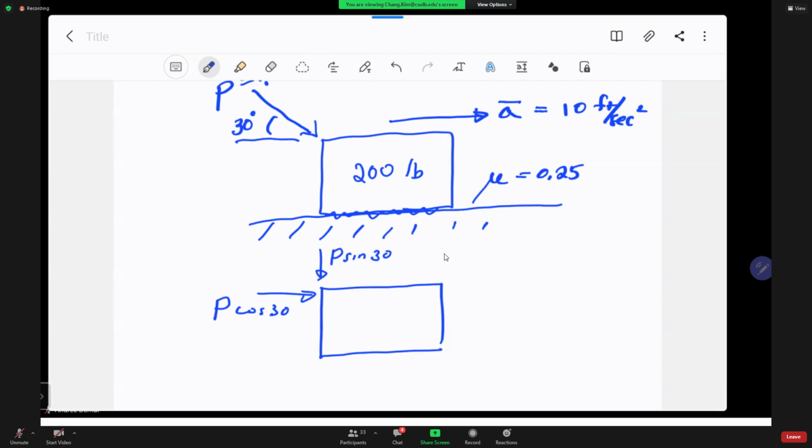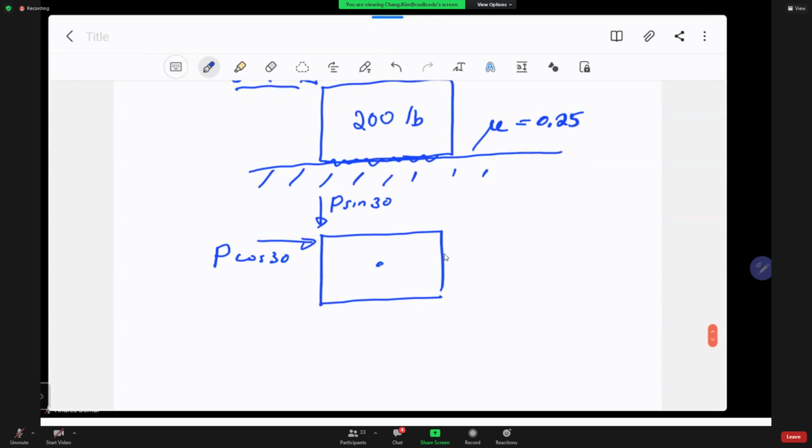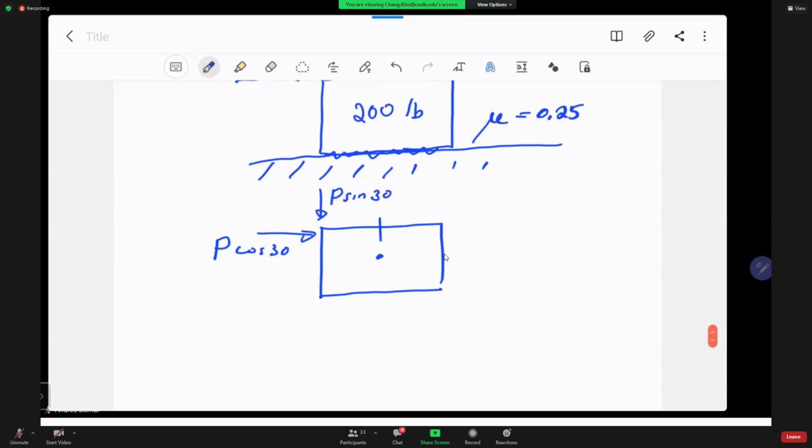This block is 200 pounds, so that is represented as a weight applied at the geometric center, because it looks symmetric. And from the plate, it is going to resist with a normal force acting from the plate to the block.